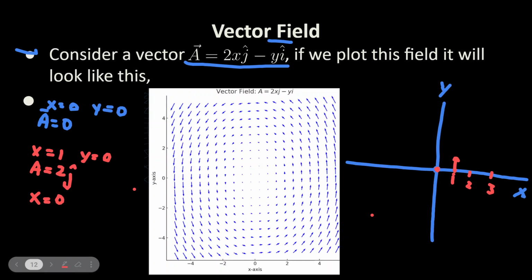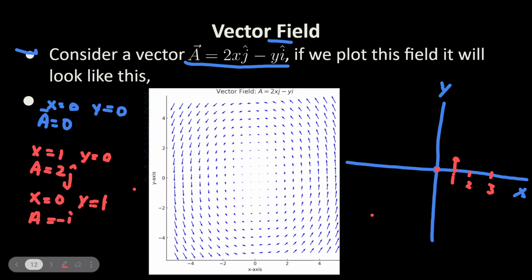if I take x as 0 and y as equal to 1, so what we are going to get, so if we put this in this equation, we will get the vector as equal to minus i cap.